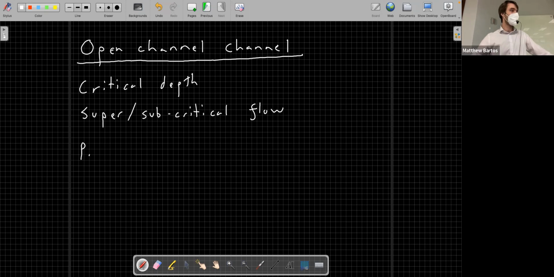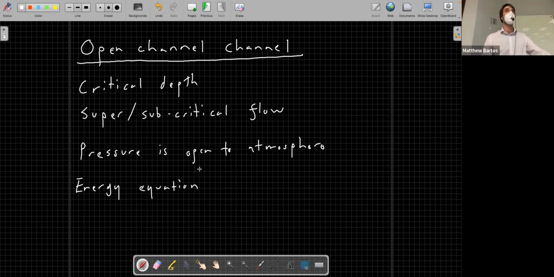So that is what characterizes open channel flow. The pressure is open to the atmosphere. Okay. Are there any other concepts or equations related to open channel flow that you remember? Yes. Energy equation. That's a good one. Yep. Energy equation. Any others you can think of?